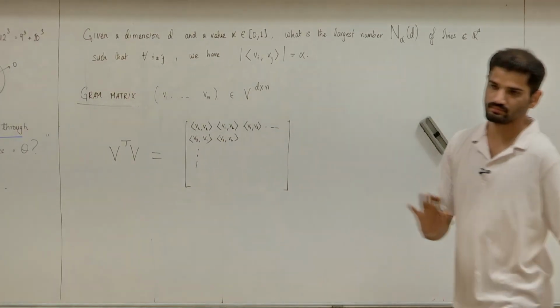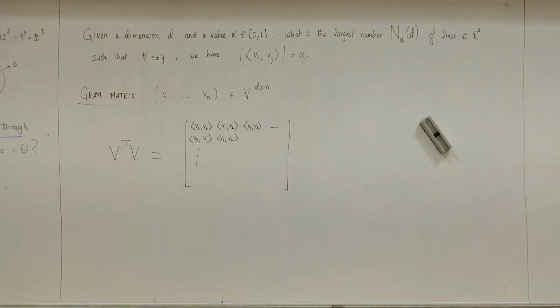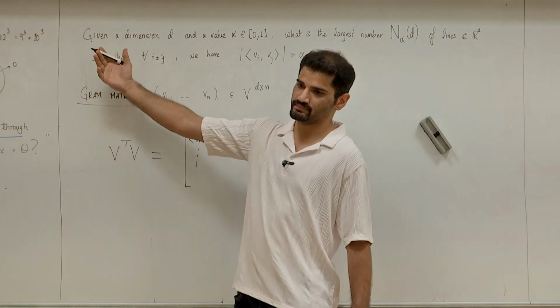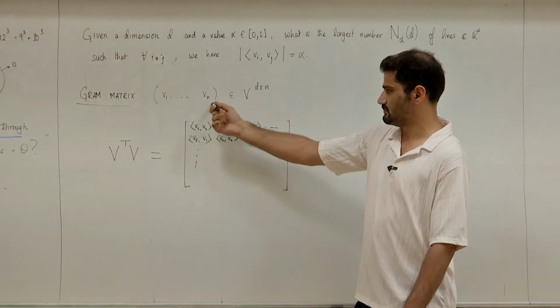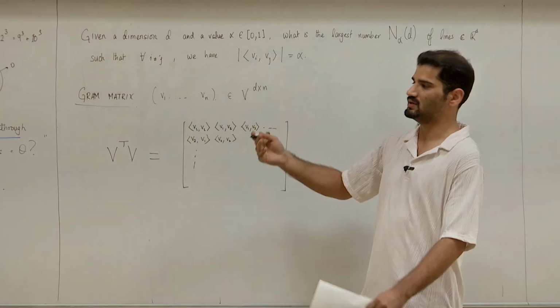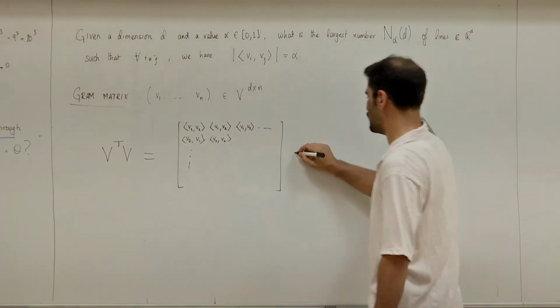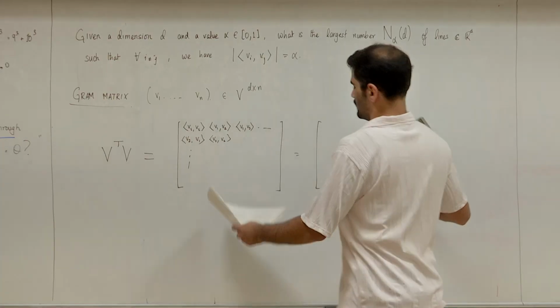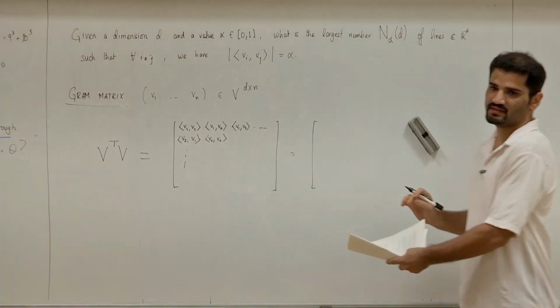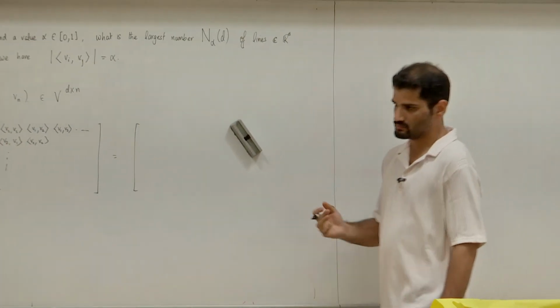So our question now is, given a dimension D, what is the largest matrix in terms of the number of columns n, such that V transpose V has this form? They are unit vectors, so what would be the diagonal elements here? 1.